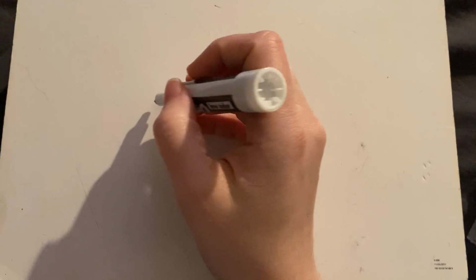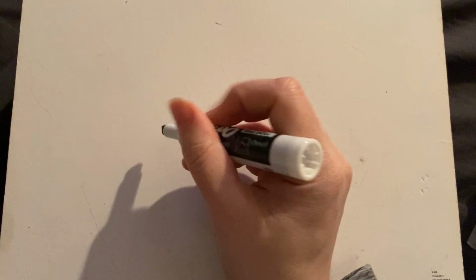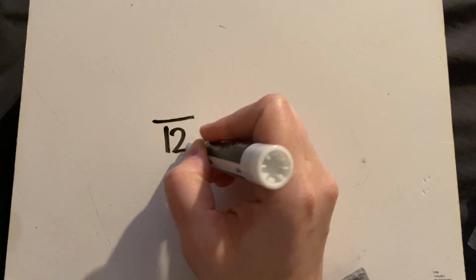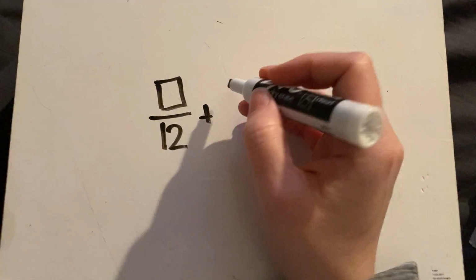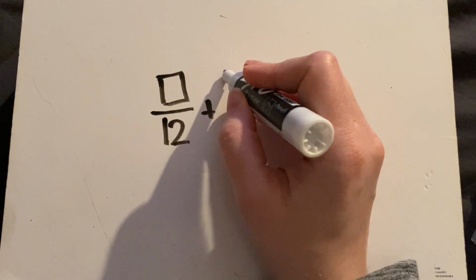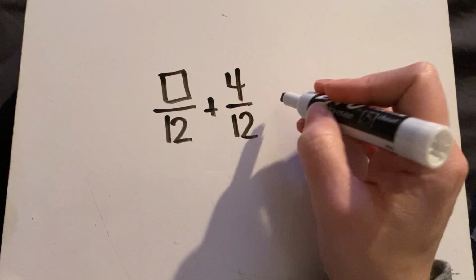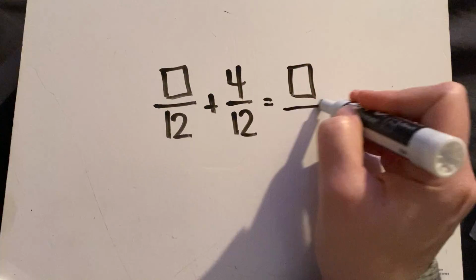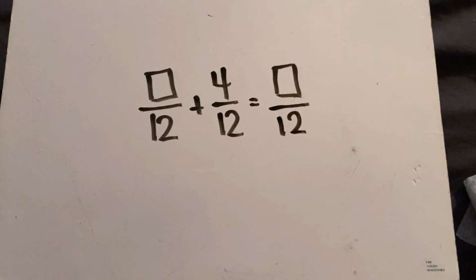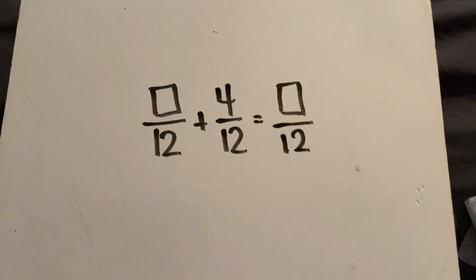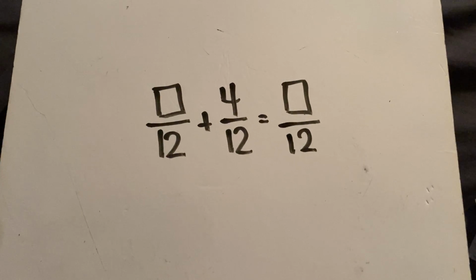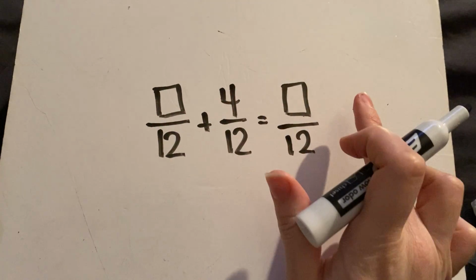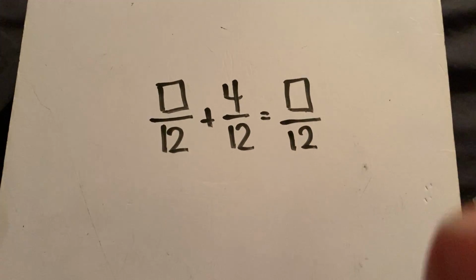So for example, say my fraction is something 12ths plus 4/12 equals something 12ths. So these could be multiple different numbers as long as when you add it across, it is true.